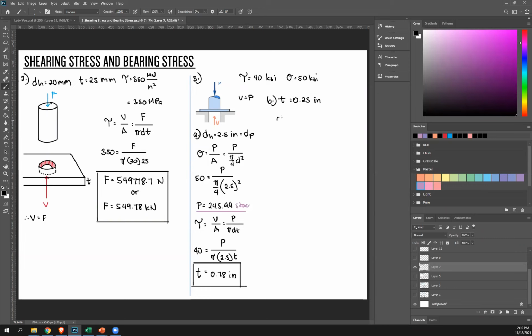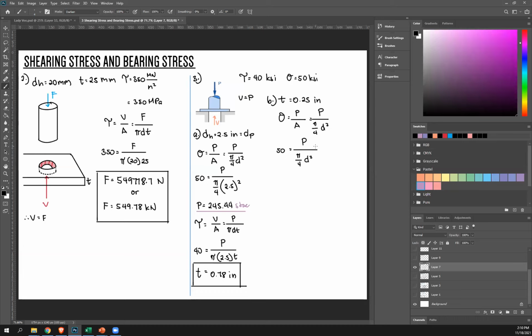Let's try starting with compressive stress again. So this is P over A, which is just P over pi over 4 D squared. And that is 50 KSI equals P, again, we don't know P, over pi over 4 D squared. I don't know P, I don't know D squared, there's nothing to solve for there.